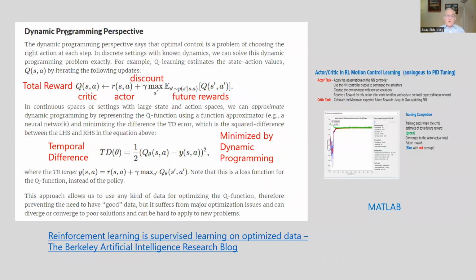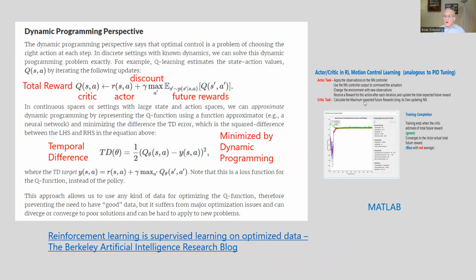Now, the dynamic programming perspective of reinforcement learning optimization is shown over here. This is about the only equation that we take a look at, but I think it's interesting because it is very closely related to what we discussed so far. So let's try to make sense out of it.